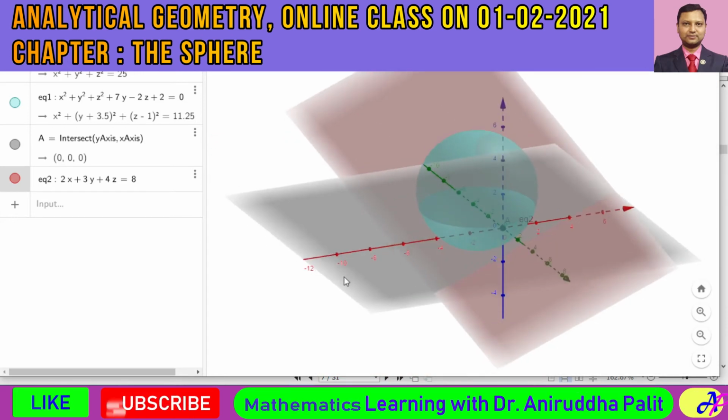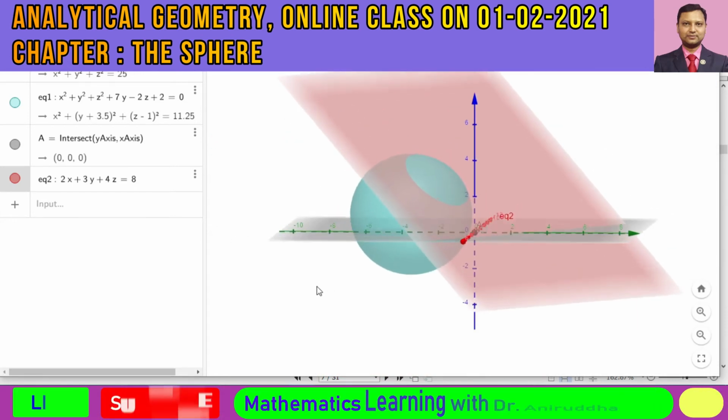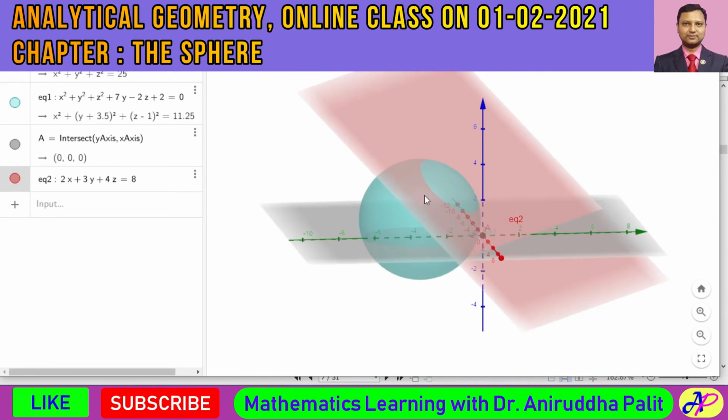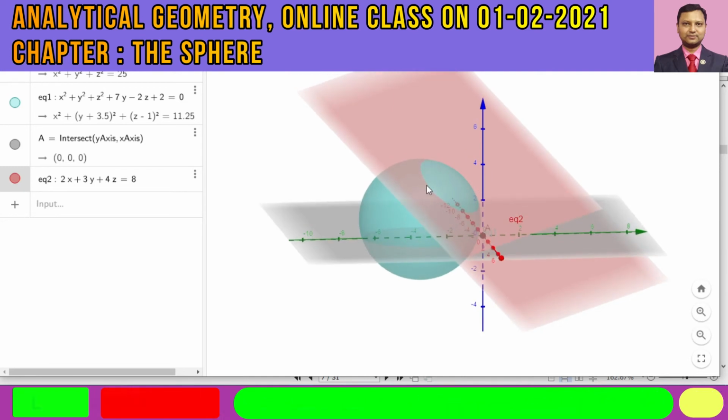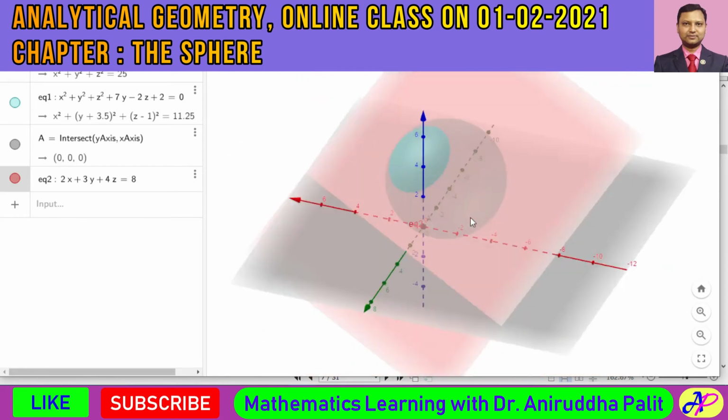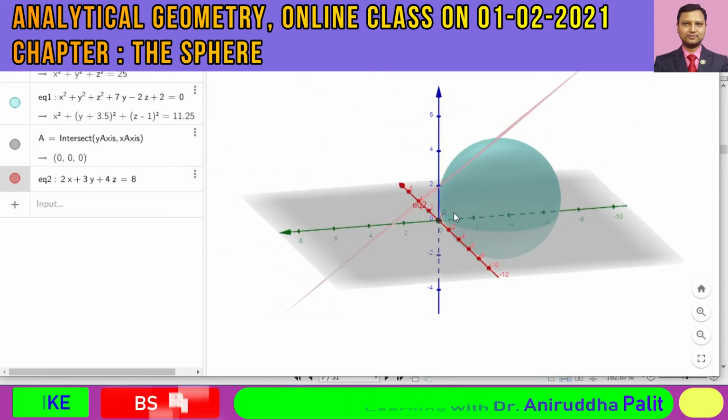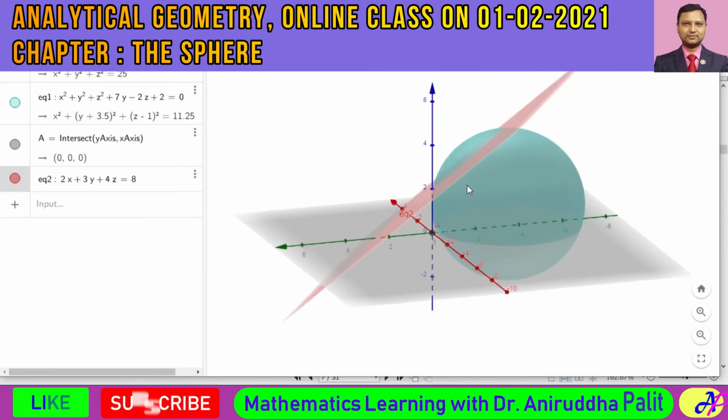So you can check that this kind of section would be the given sphere. Let me maximize this one.